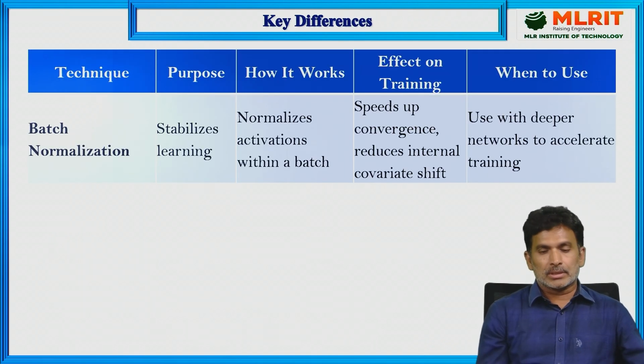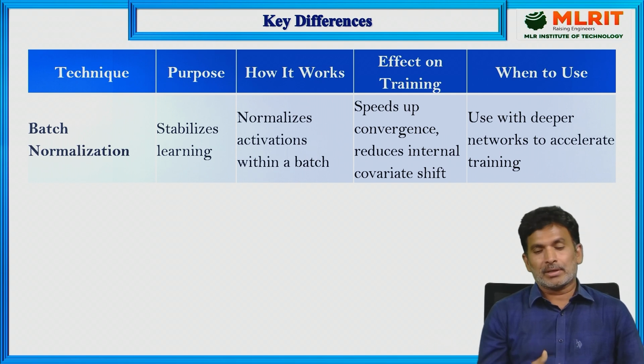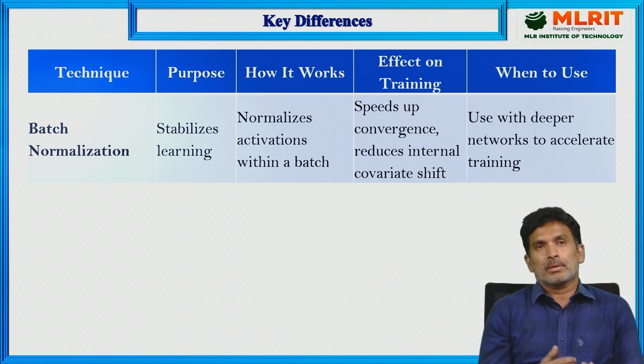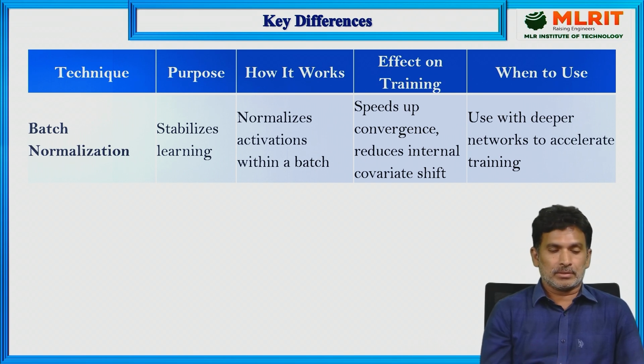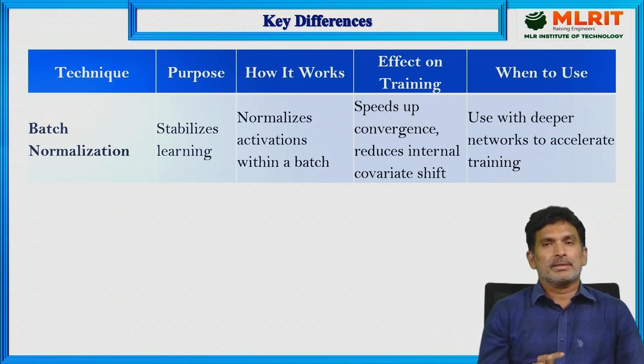So that's about dropout and batch normalization. Let us quickly summarize the differences between dropout and batch normalization, in terms of technique, purpose, how it works, the effect on training, and when to use. For batch normalization, the purpose is to stabilize the learning.